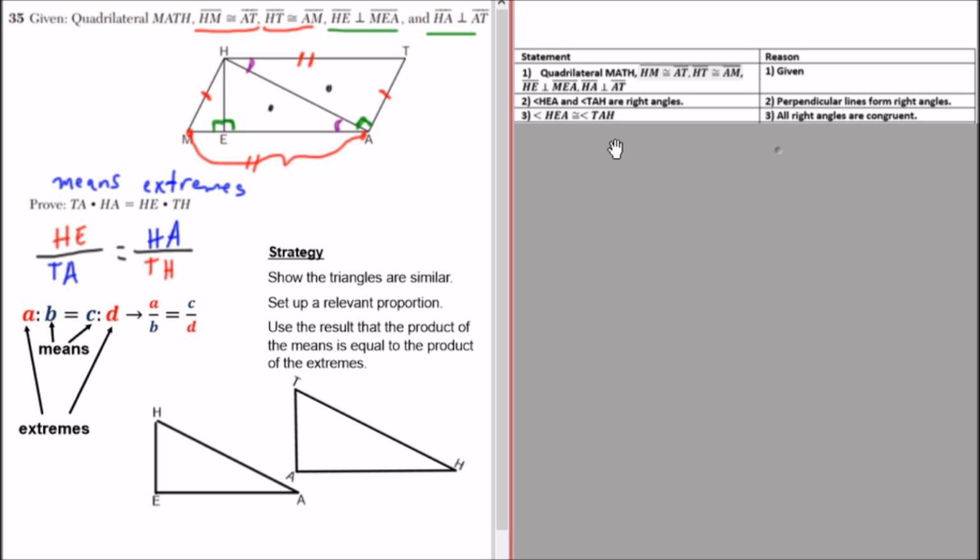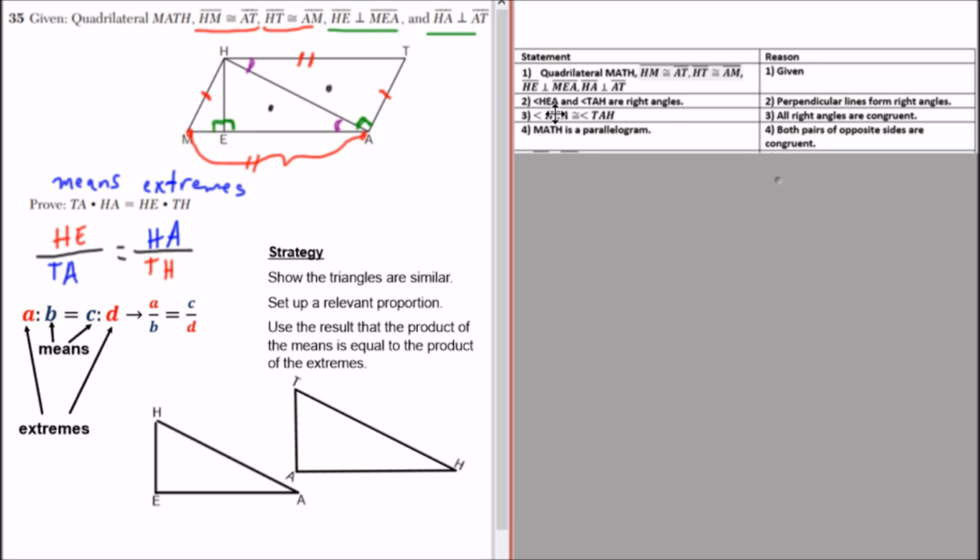So far we've only established one pair of congruent angles. We need to establish that the angles highlighted in purple are also congruent. However, if we say that next, we're going to be in trouble. At no point did we establish that this is a parallelogram, so we have to state it. MATH is a parallelogram, and the reason why it's a parallelogram is because both pairs of opposite sides are congruent.